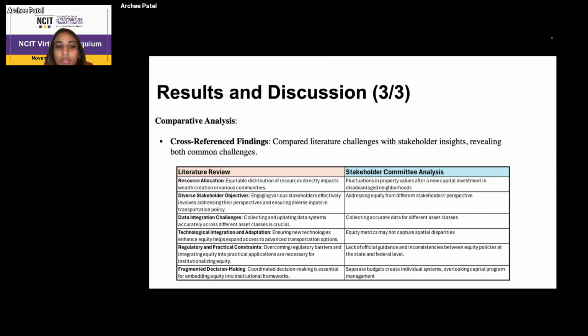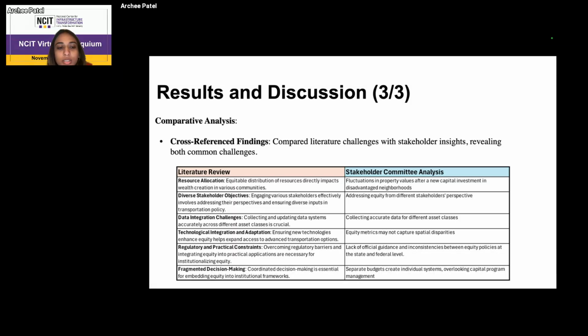Many state highway agencies struggle with outdated systems and cannot provide the data needed for assessing equity-related outcomes. Imagine trying to make equity-driven decisions without reliable data. This is like driving without a map.